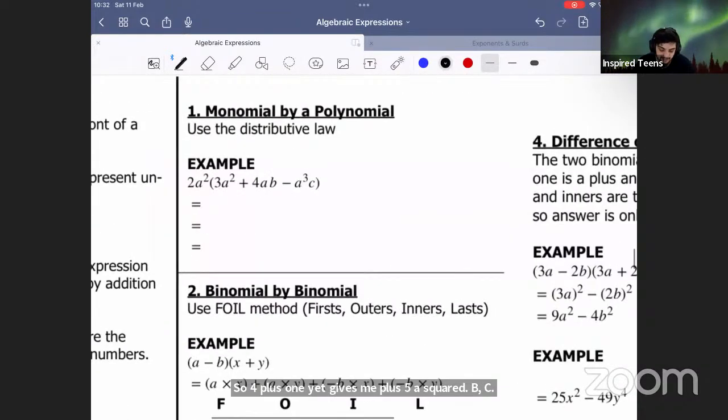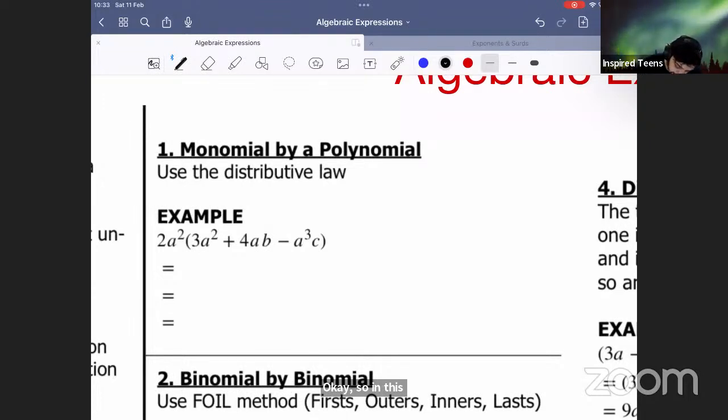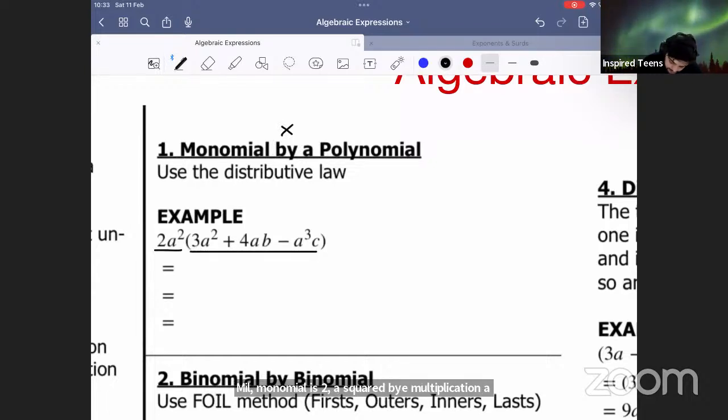Okay. Monomial by a polynomial. Use the distributive law. A monomial is an algebraic expression with one term. In this case, our monomial is 2A squared, multiplied by a polynomial, an expression with multiple terms. So use the distributive law.